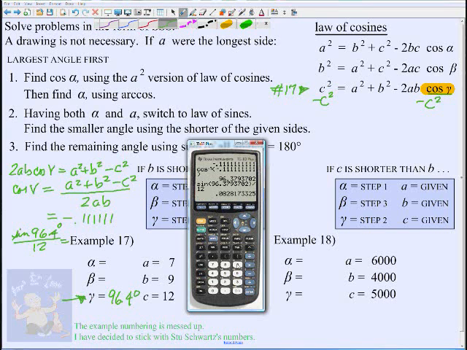Okay? And if I multiply that by 9, it'll give me the sine of beta. So times 9, give me the sine of beta. And I will say I want to know what that angle would be that has that sine. So I do arc sine of that ratio, 0.74355.